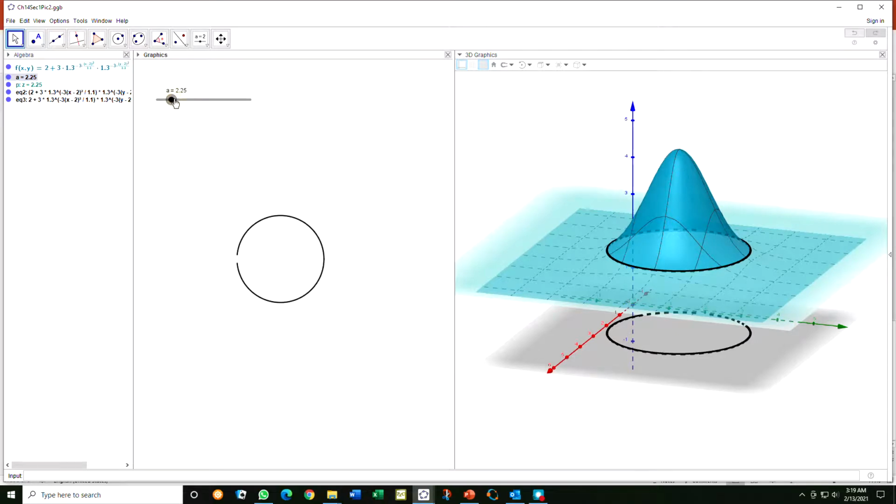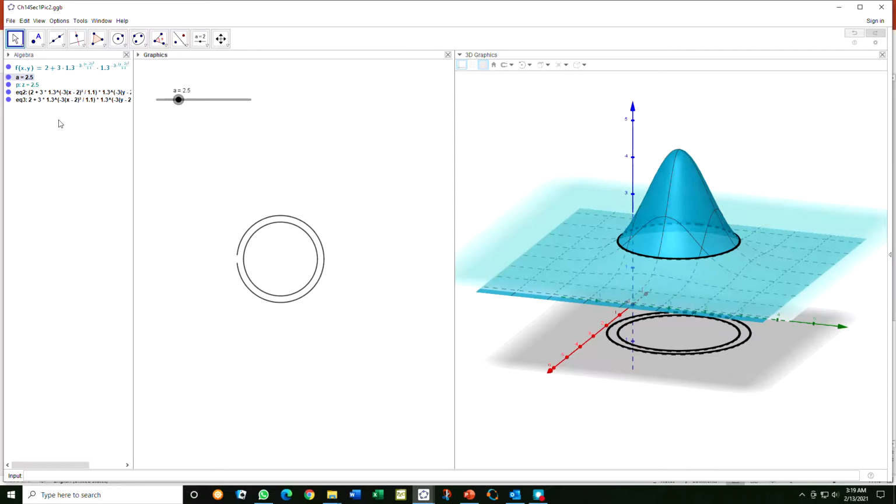Okay, with that, now let's do one thing. Let's change where the plane is. Right now our level curve is at z equals 2.25. Let me increase it to 2.5. So we go up a little, and again we get a circle, which happens to be concentric to our previous circle.